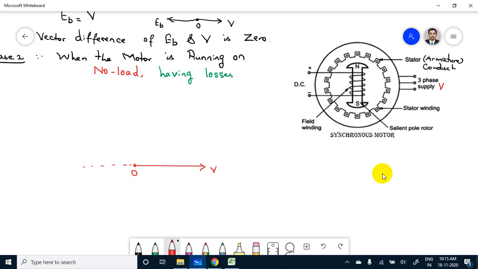When you apply the V, the back EMF will be produced in the armature conductors. Here only EB will be produced, in the armature conductors. Note down, EB is rotating in the anti-clockwise direction.